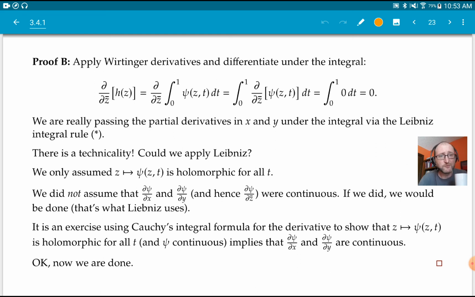And you can see that the Morera way of thinking about it is also very good because it was less subtle than this. You didn't need to worry about all these hypotheses that you need to satisfy. All right.